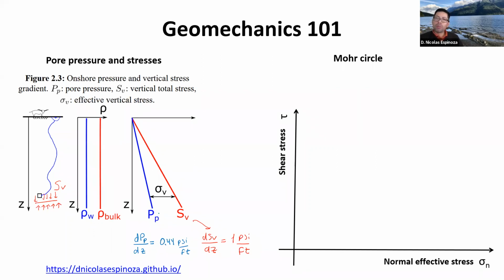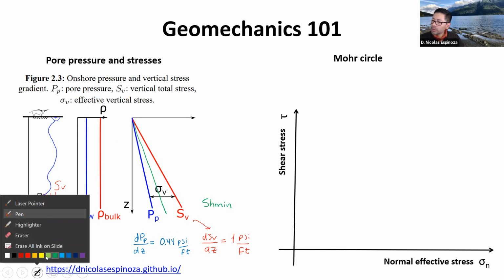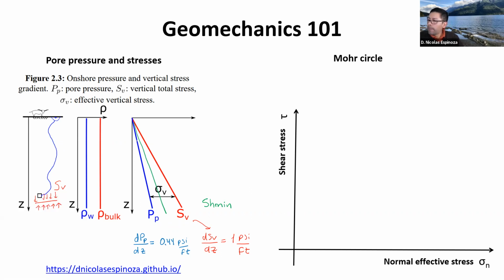And in addition to the pore pressure and the vertical stress, we're going to have somewhere over here what is called the minimum horizontal stress. And also we're going to have the maximum horizontal stress.